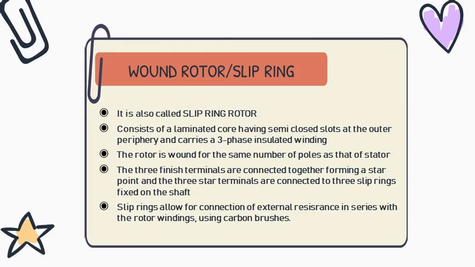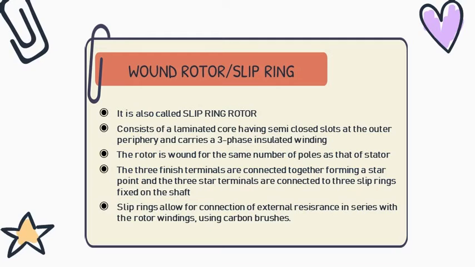And then the wound rotor. The wound rotor is also called the slip ring rotor. It consists of a laminated core having semi-closed slots at the outer periphery and carries a three-phase insulated winding. The rotor is wound for the same number of poles as that of the stator.